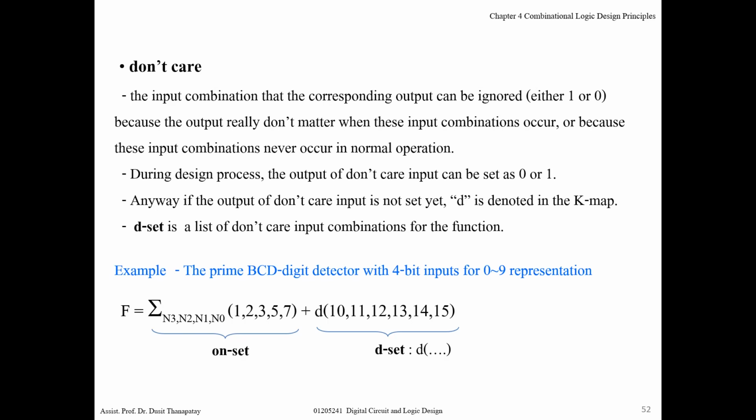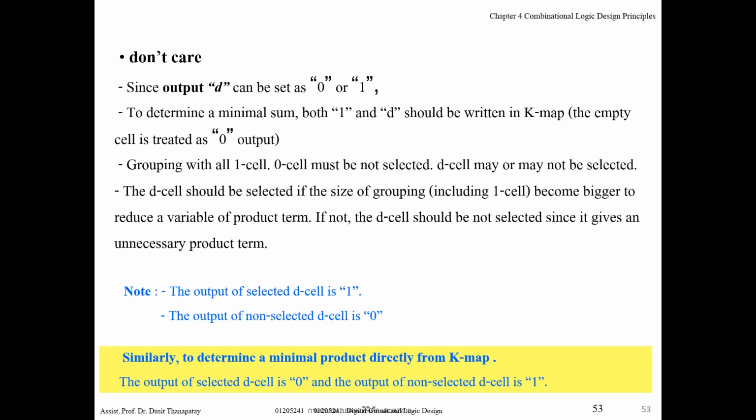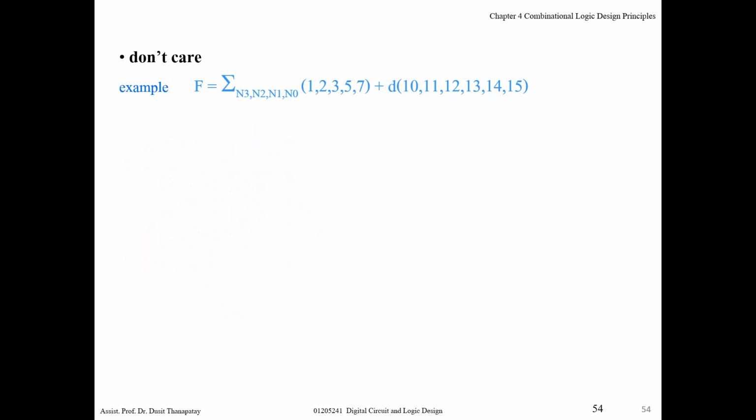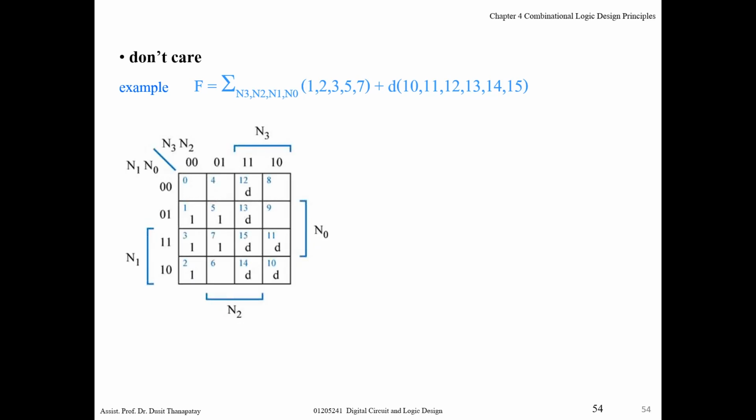Now, if you write the Kmap with don't care, what should you do? For example, the value 10 is 1010, right? That means n3, n2 is 10, n1, n0 is 10.